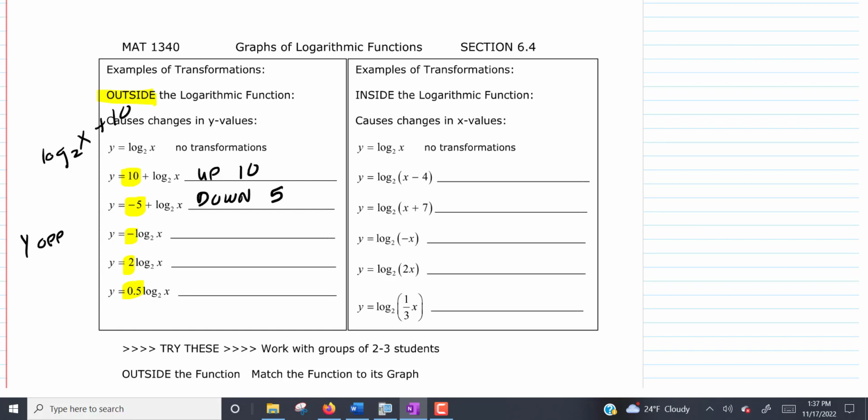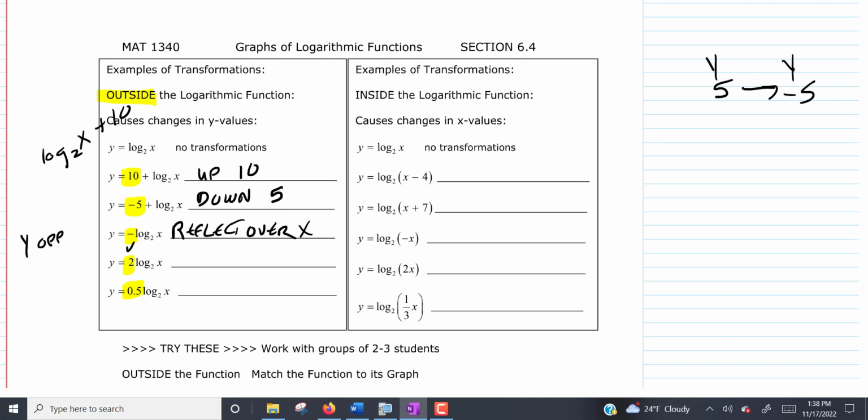It does reflect, but it reflects over x. And here's the reason why. When you have that negative outside, 5 becomes negative 5, so the y value changes. If y changes from positive to negative, it flips over x, right? Okay, so that's the idea there.